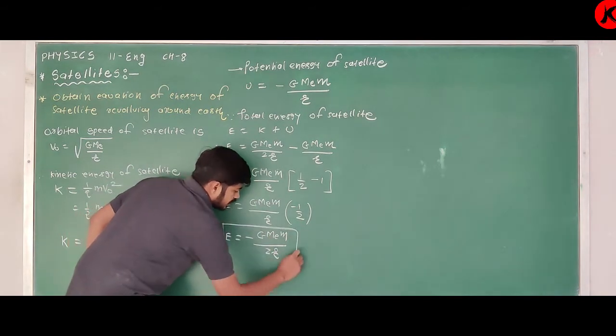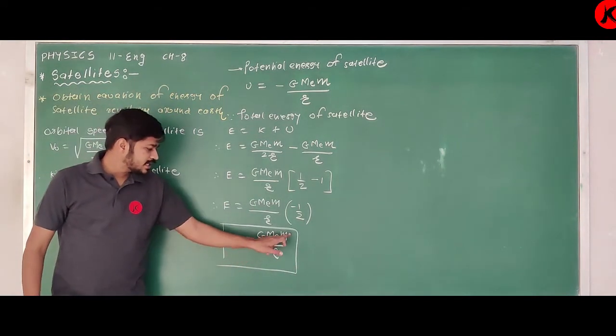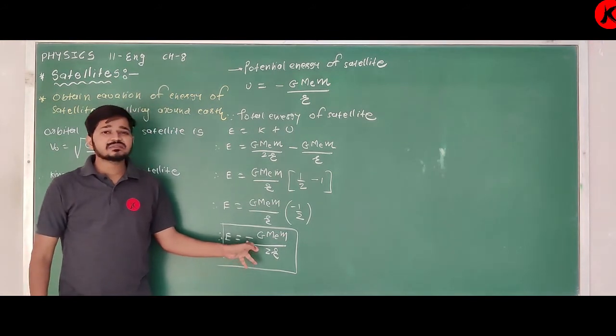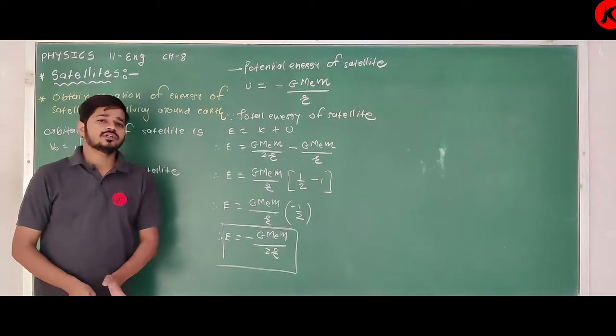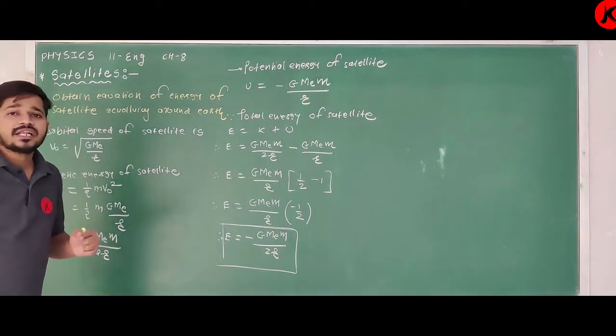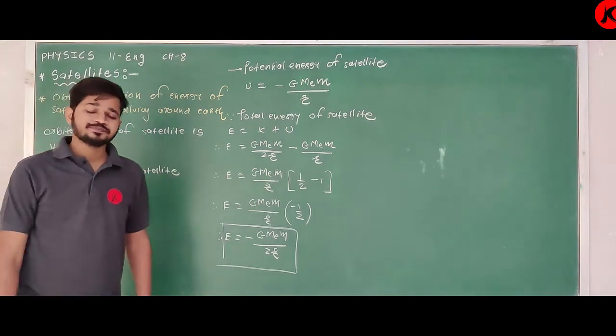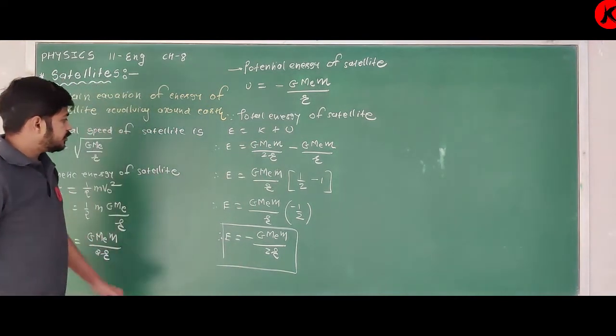So what is total energy of satellite? E is equal to minus G Me m upon 2r. See, minus sign indicates that satellite is in binding of Earth. Negative sign indicates the satellite is bound to Earth. It is not free. Clear? Okay, so it is the equation of energy.